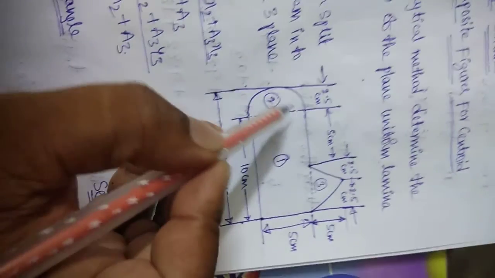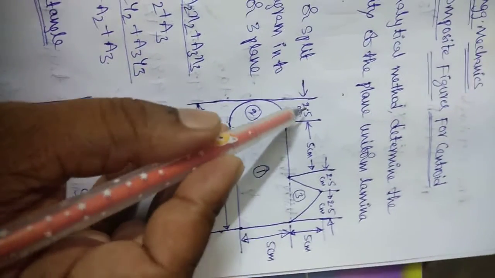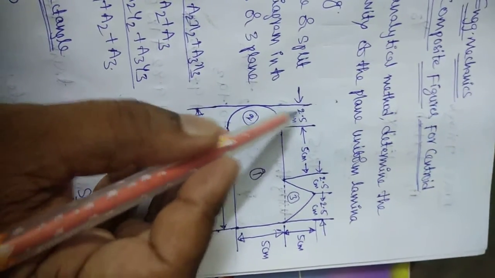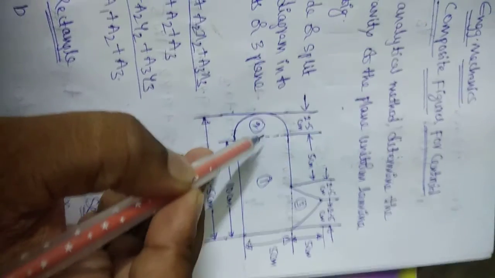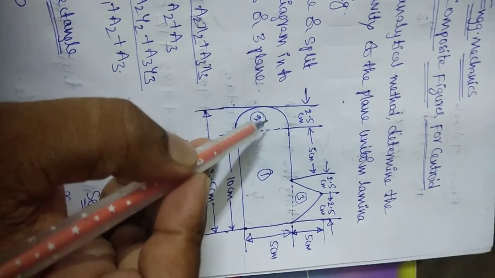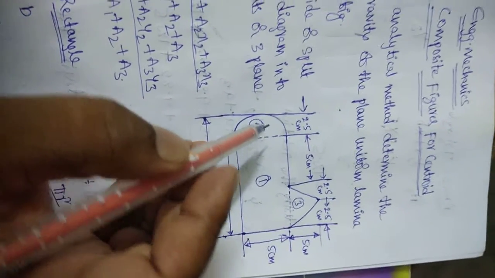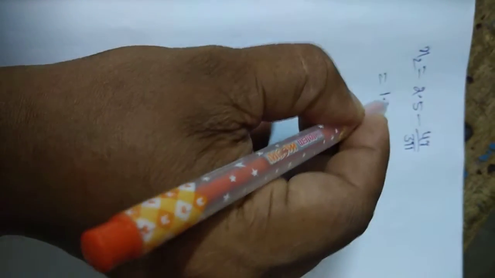For the semicircle in X bar we have the value 2.5, and from this 2.5 we subtract 4r by 3 pi, which is the centroid distance for a semicircle. 2.5 minus 4r by 3 pi is equal to 1.44 centimeter.